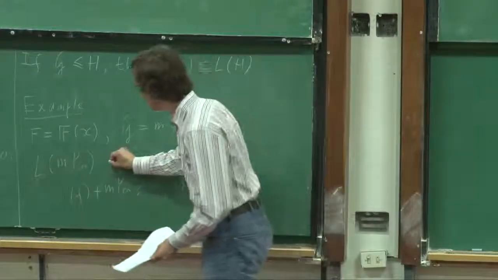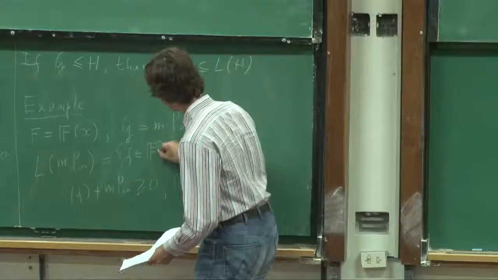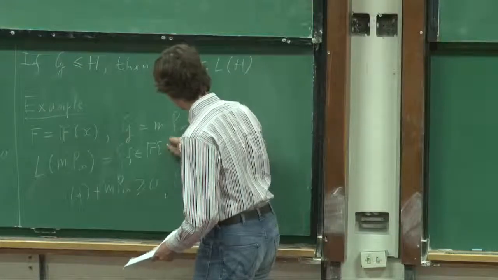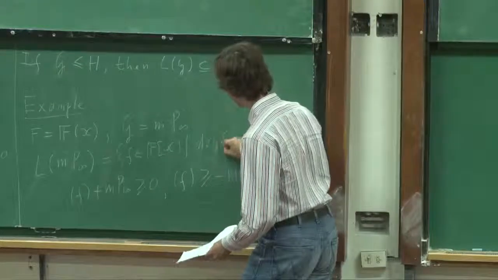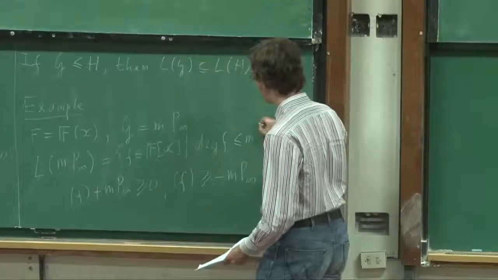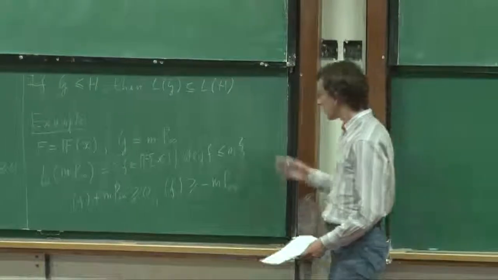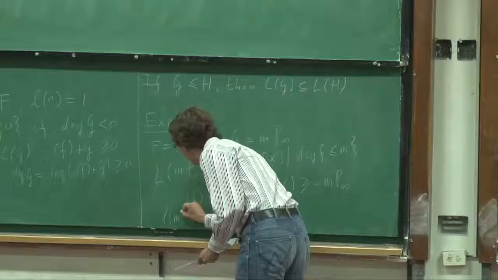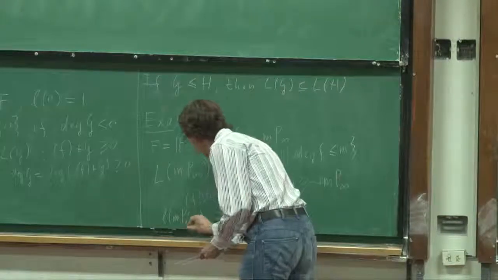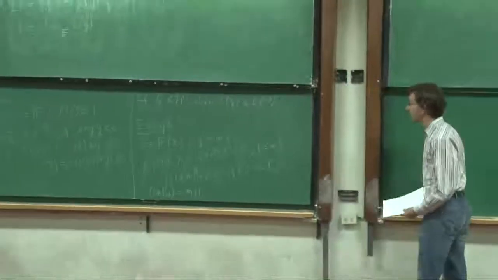So what this means is that this is nothing but a linear space of polynomials in the indeterminate, and the degree of this polynomial should be less than or equal to m. That's what it is. So this is just a space of polynomials of degree m or less. And in particular, we can see what the dimension is going to be. It's m plus 1.